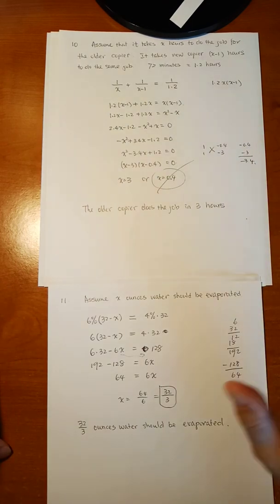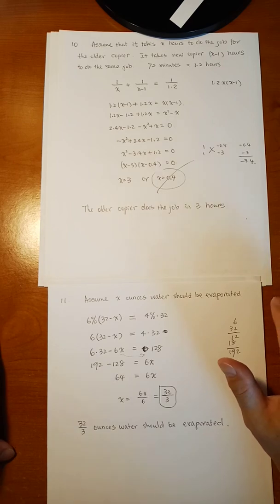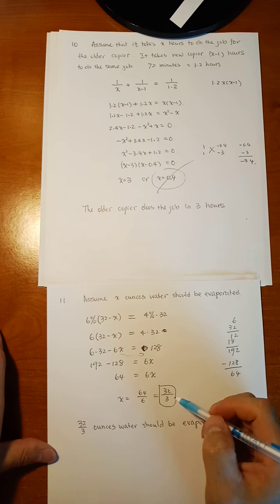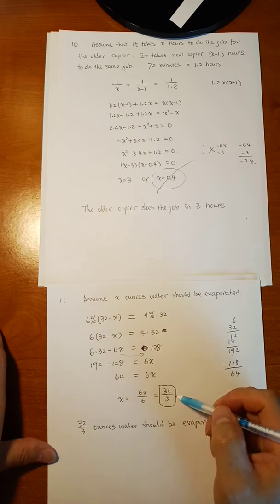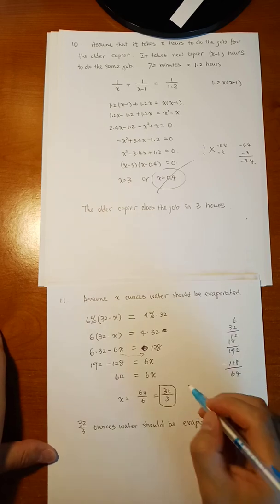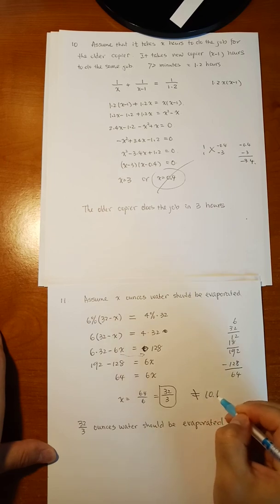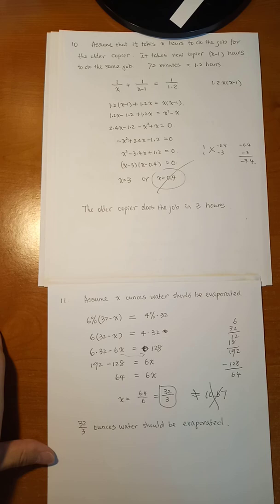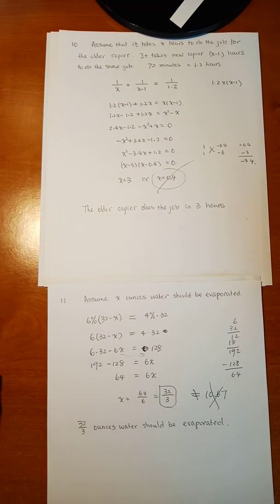Okay, tomorrow do this exam again. Make sure you understand all the steps. This answer should be 32 over 3, not 10.67. That is incorrect.